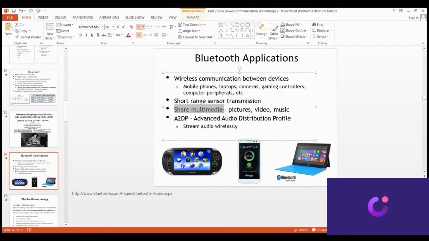You can also share multimedia such as pictures, videos, and music through Bluetooth. Then A2DP, Advanced Audio Distribution Profile.